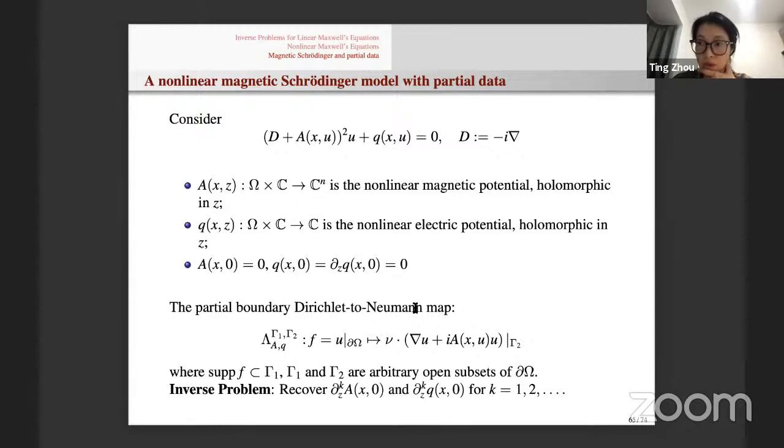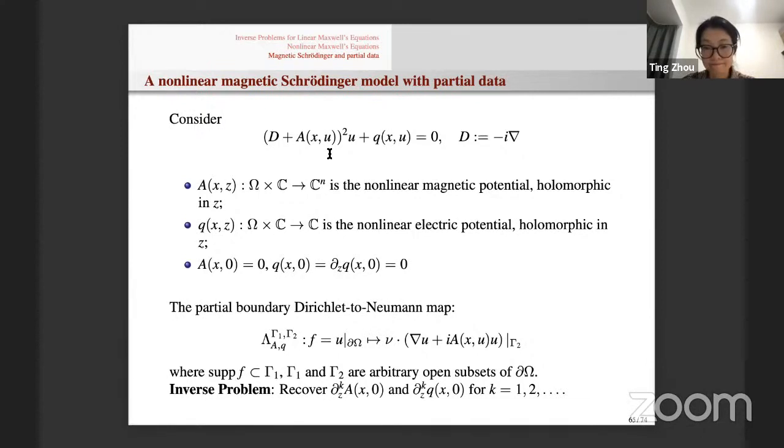But I don't know if you can generalize this to depending on the gradient of U as well. The analysis will probably be more involved. But you can find some physical literature with nonlinear magnetic potential.